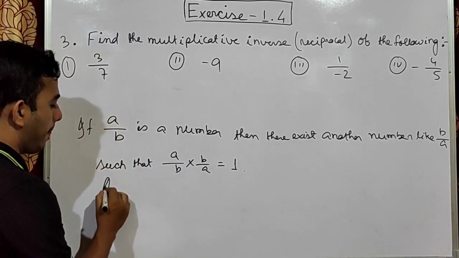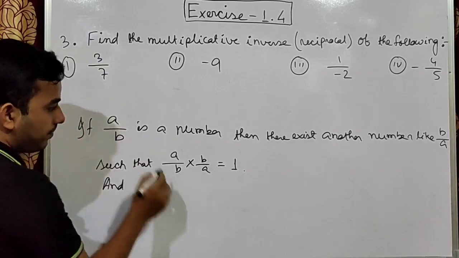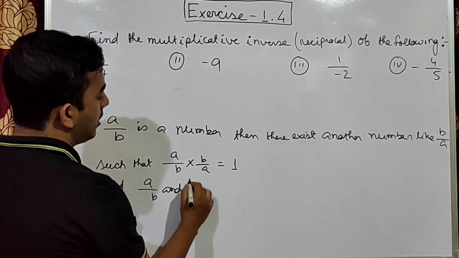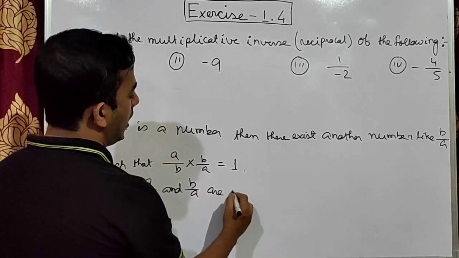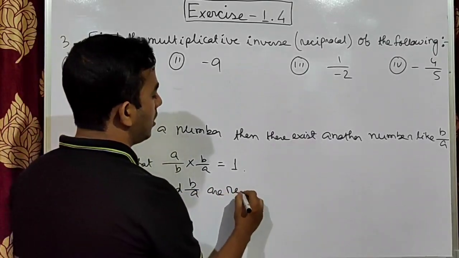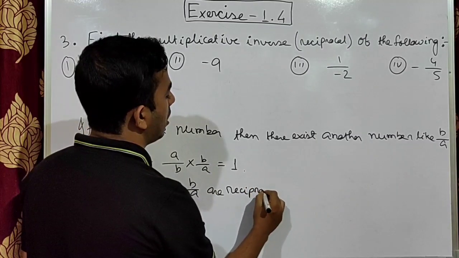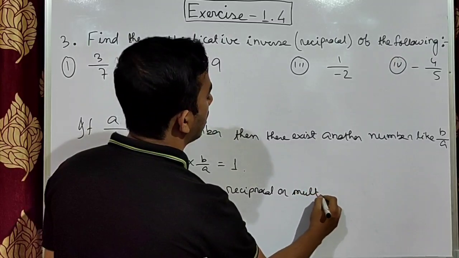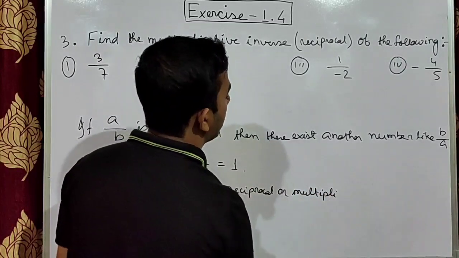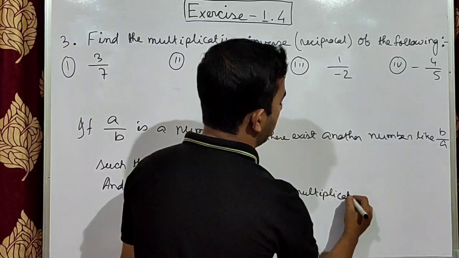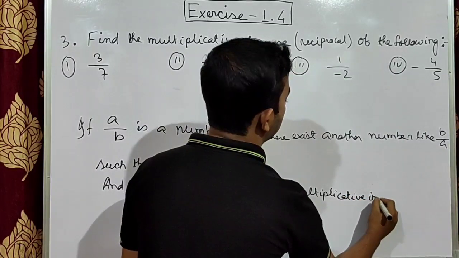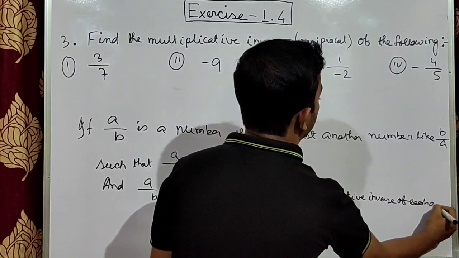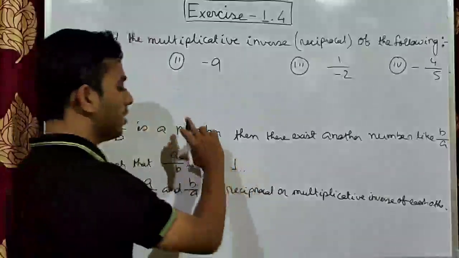And A by B and B by A are reciprocal or multiplicative inverse of each other. You have to write these 2 lines.